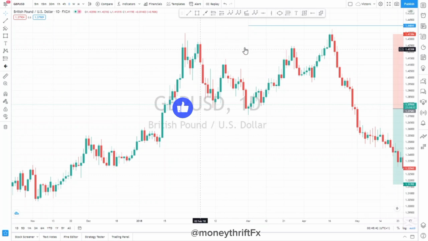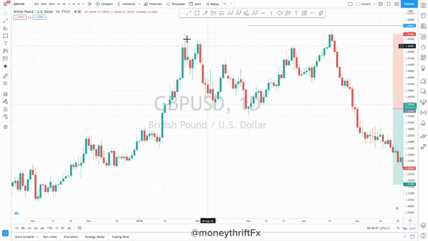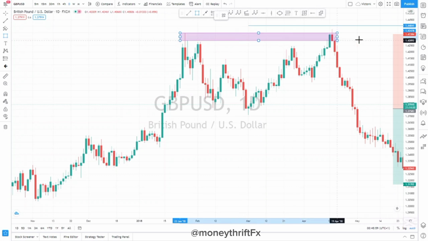So the next one we're going to be talking about is double tops, or the M pattern. So we have some highs, and these highs are at the same area.